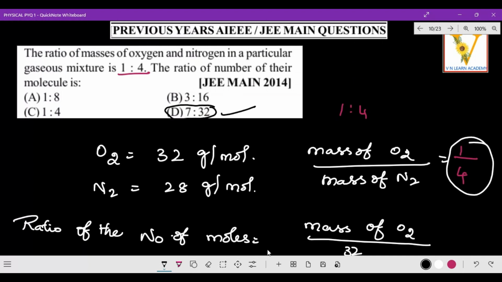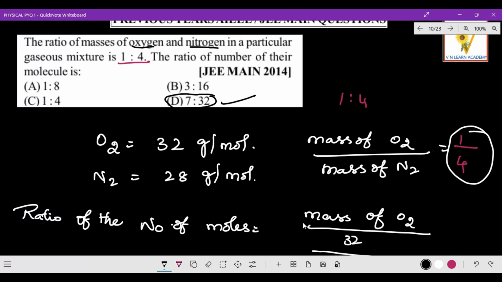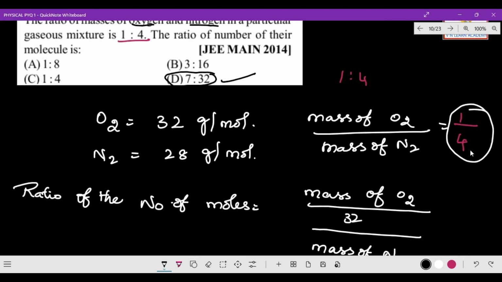Now, you know how we identify. First and foremost, they have given the ratio for a particular molecule, oxygen and nitrogen. So the mass of oxygen and nitrogen we know very well. The mass of oxygen by mass of nitrogen is what they have given for the mixture, the 1 is to 4 ratio. Now we have to identify what they have given.